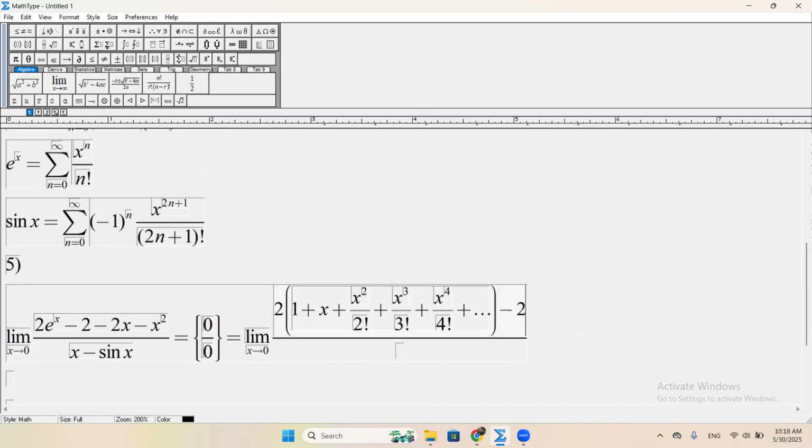And here minus 2 minus 2x minus x square.